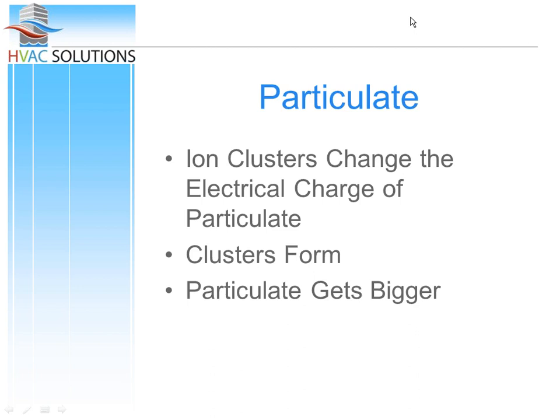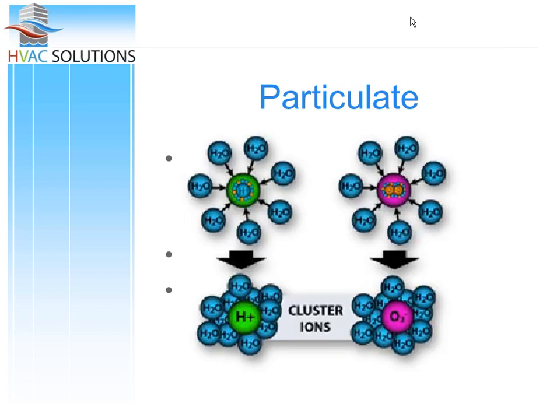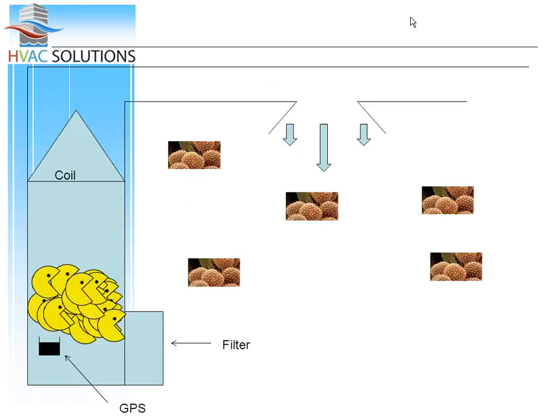With bigger particulate, we are able to make the filter that's in there more efficient. So here's a quick diagram. The ions that are positively and negatively charged make the particulate attract to each other, and therefore they get easily trapped in the filter.